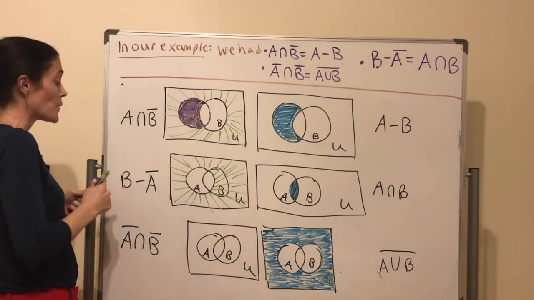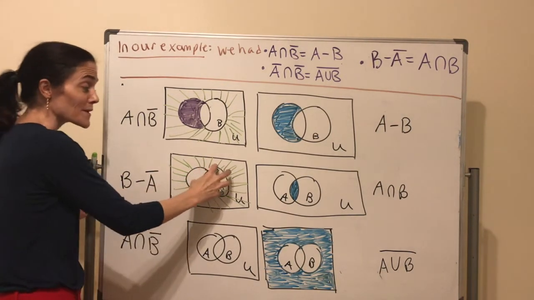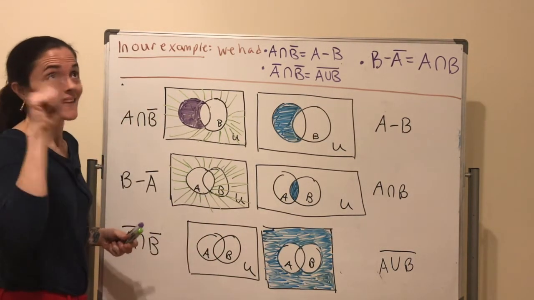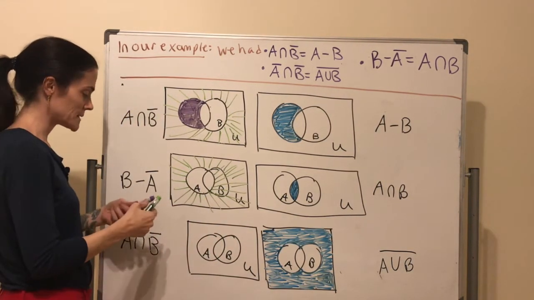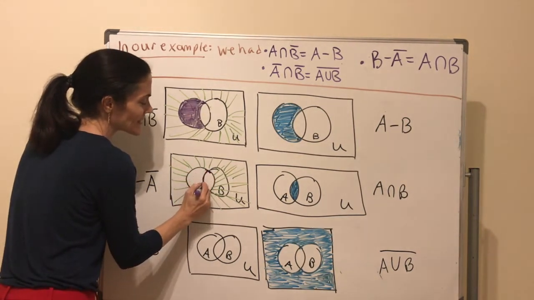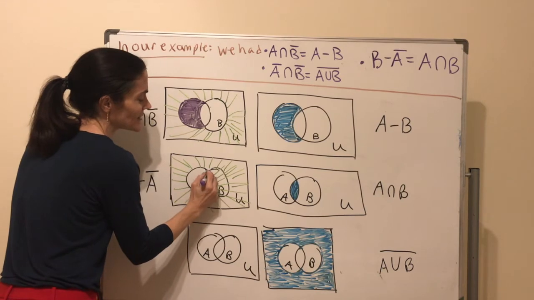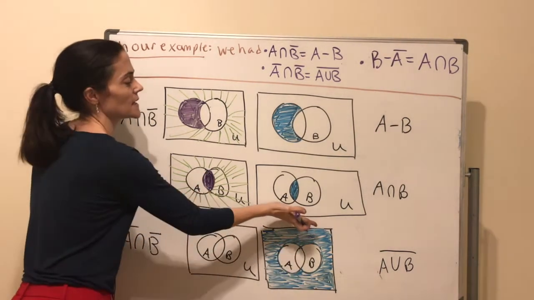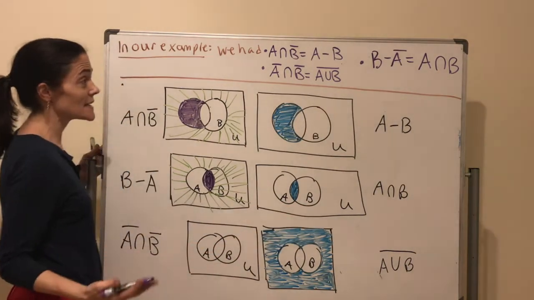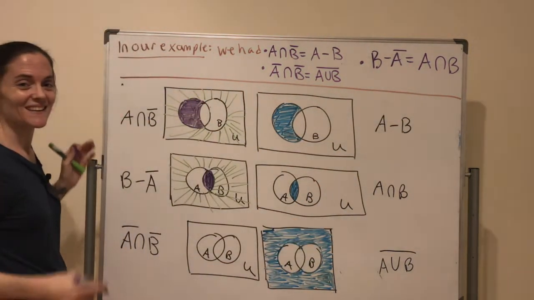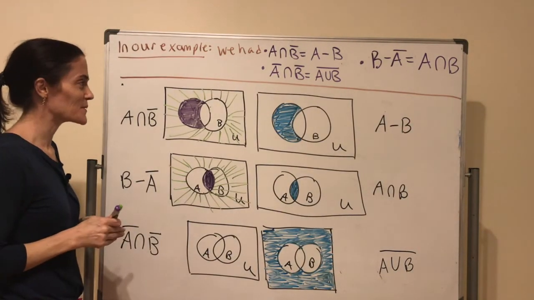Now I want B, start with B and remove what is lined in green. That's A complement. And what we're left with is exactly this. What's shaded in purple here matches what's shaded in blue here. And this illustrates this equality using this Venn diagram approach.